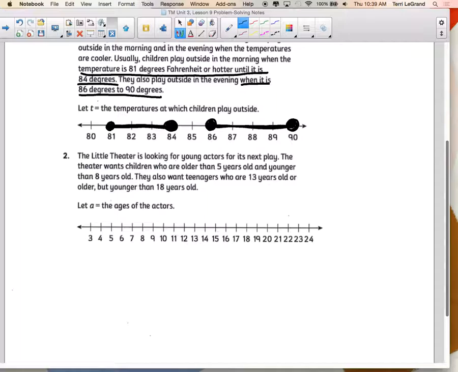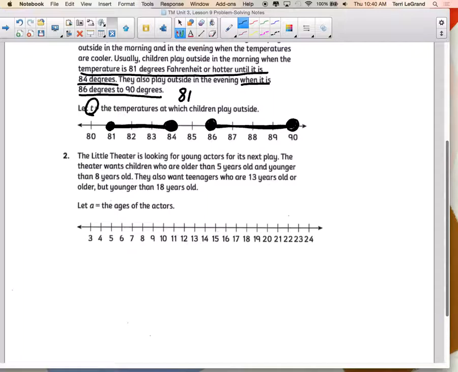Okay, so now we're going to write the compound inequality statement for that. This is going to be an OR one because we have two different regions shaded. So let's write the inequality for this one first. Okay, it says let T, so T is our variable, so circle that. T is going to be our variable involved in our compound inequality. So we look at this one and we see we have endpoints 81 and 84. So we start with 81.